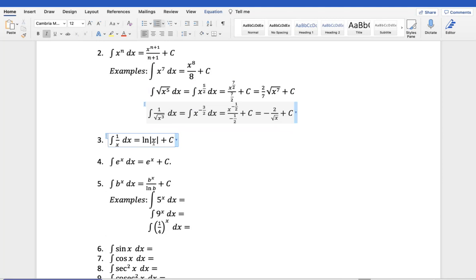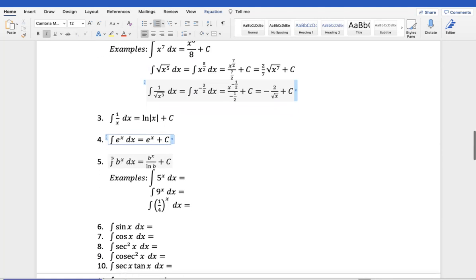Remember, x can be positive or negative, but we can never have the ln of a negative number, so we have to take the absolute value to include both positive and negative values of x, such that the absolute value would always be a positive number. And the next one is just the standard integral of e to the x, which is just e to the x plus c, the constant of integration.